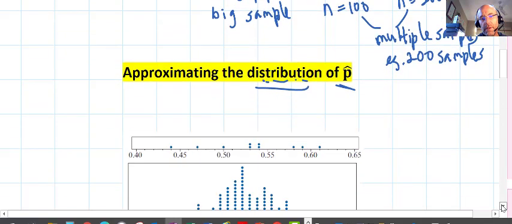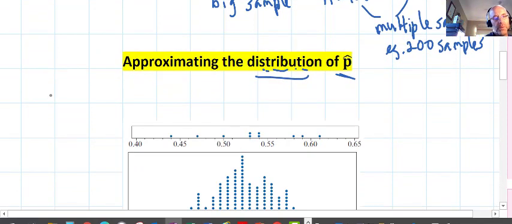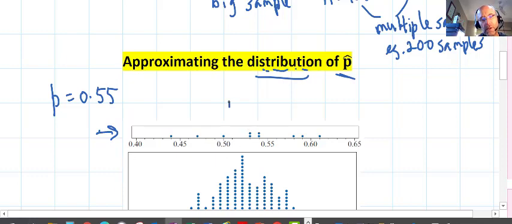Let's suppose we know that 55% of the population have a certain characteristic of interest to us. So p, lowercase p, would be 0.55. For each of the dots in this first dot plot, the sample size is 100. Each dot is a calculation, like this one here at 0.58.